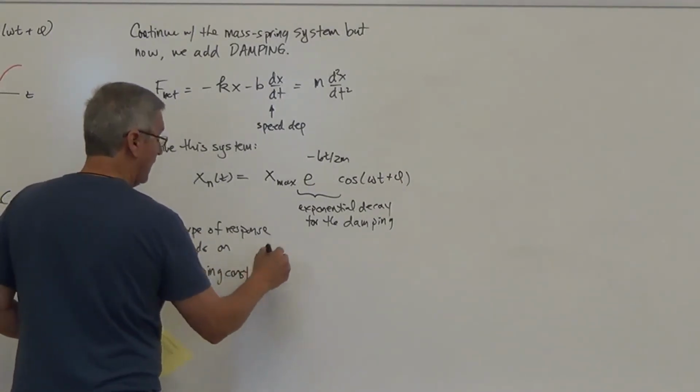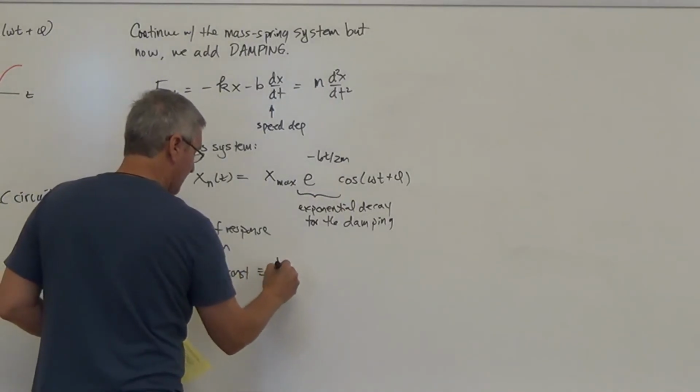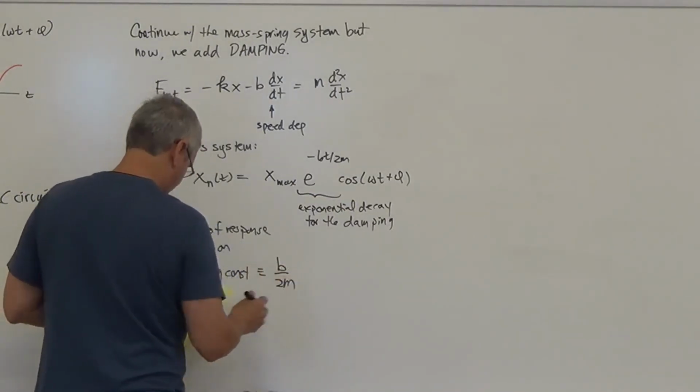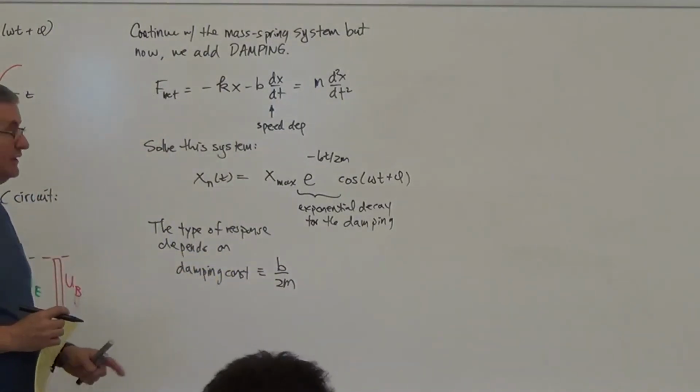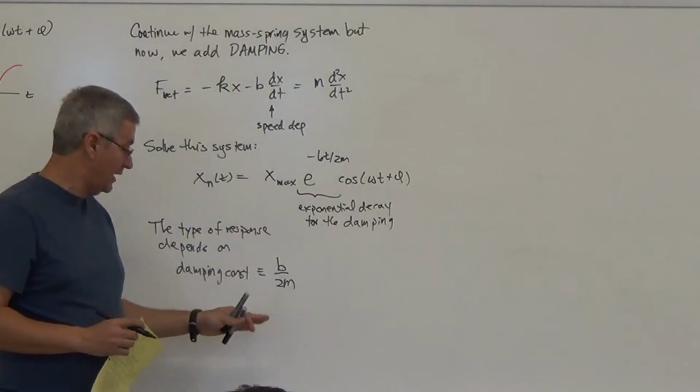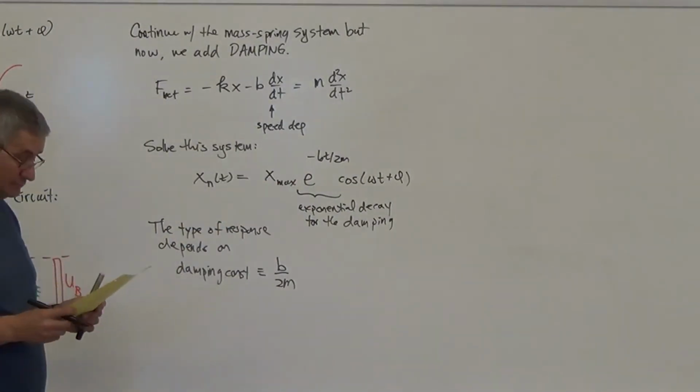And in this case, I would label it as B over 2m. So it's this constant that really determines in the exponential term how it behaves here.